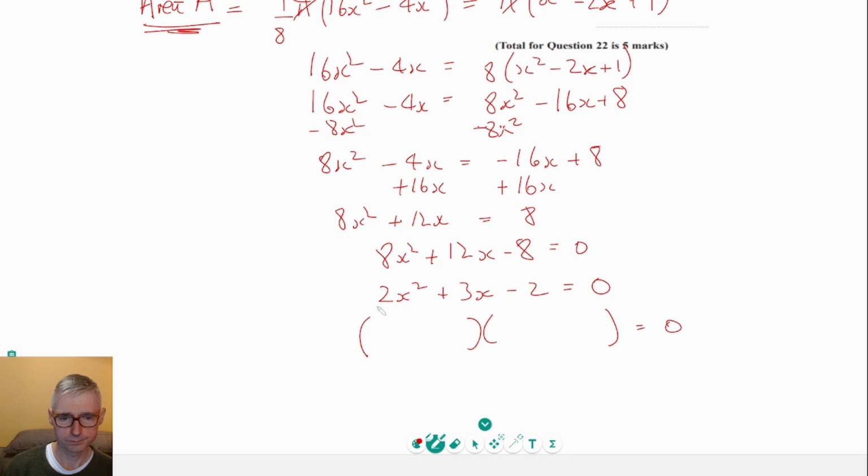So because the first term there is 2x squared, we can get that from having 2x and x. So 2x times x will give us the 2x squared. The numbers here have got to multiply to make minus 2. And also when we multiply out the bracket, we've got to get 3x. So it's a little bit of trial and error.